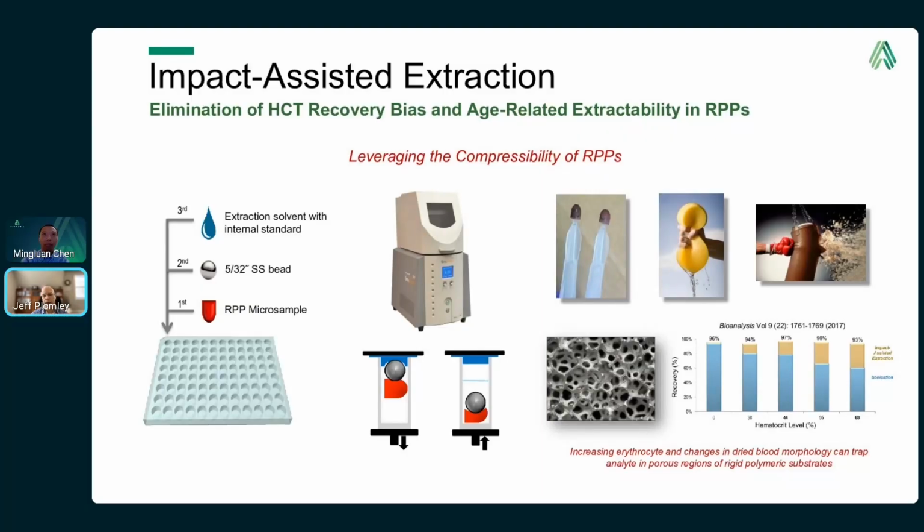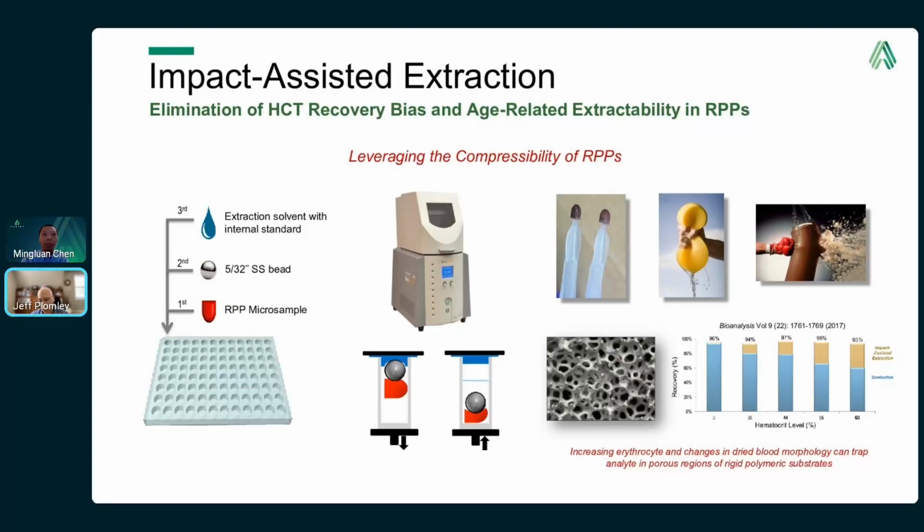So why impact-assisted extraction as a workflow? Well, these rigid porous polymers, although they are rigid, they are compressible. And the goal here is to compress the substrate. And when we compress the substrate, we have expulsion of solvent, which contains dissolved analyte.